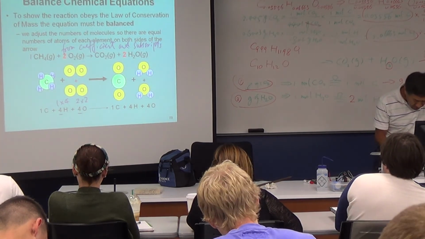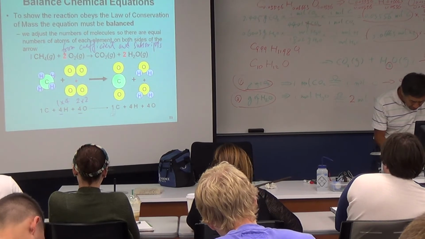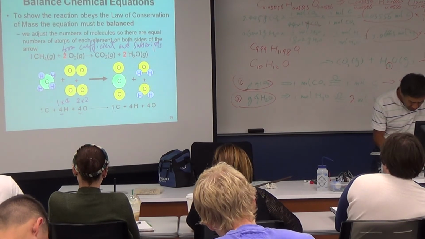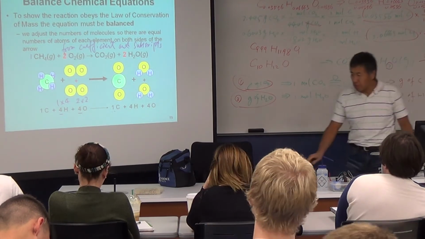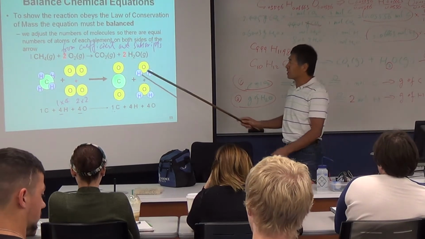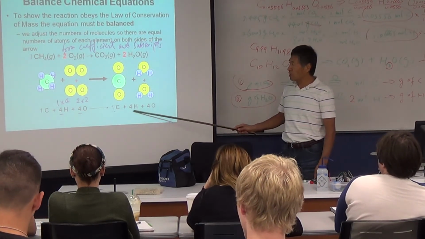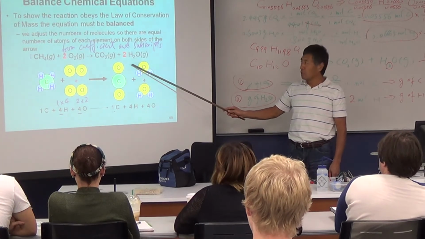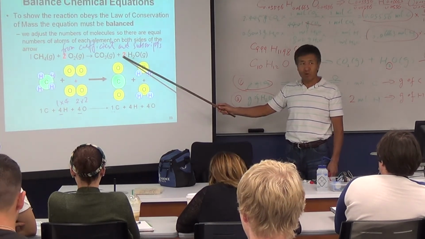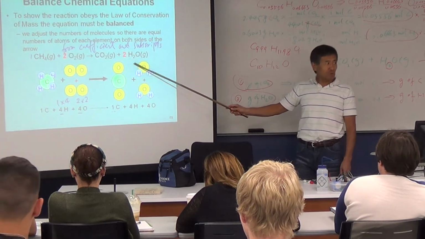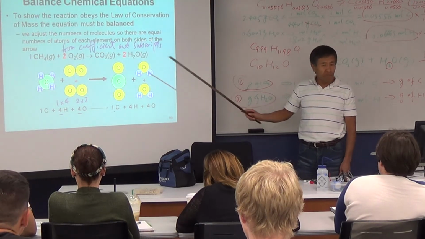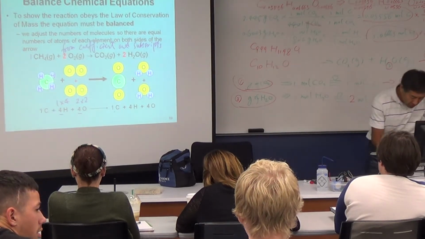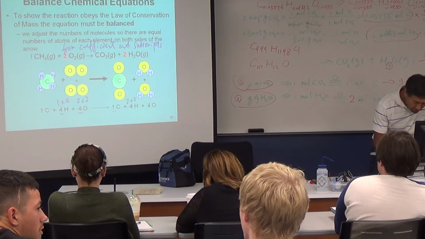Okay. So then this one is straightforward. And how do we get this 4 H on this side? You can see here we have a coefficient 2, and we have a subscript 2. So this also comes from 2 times 2.